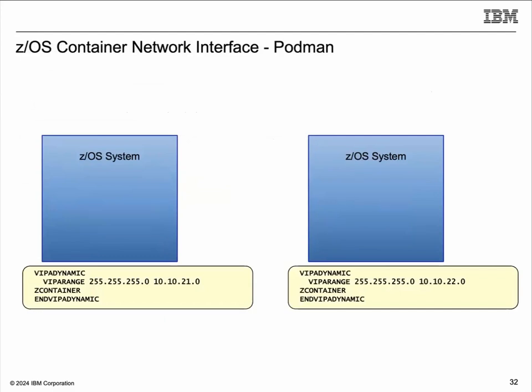So we created a new VIPA range statement that has the keyword zcontainer on the end of it, which essentially says this range of IP addresses is reserved for anything that's running as a container on zOS. So when we do a Podman run on zOS, when it pulls an IP address, it will pull an IP address from this VIPA range dynamic VIPA statement and dynamically create that dynamic VIPA.